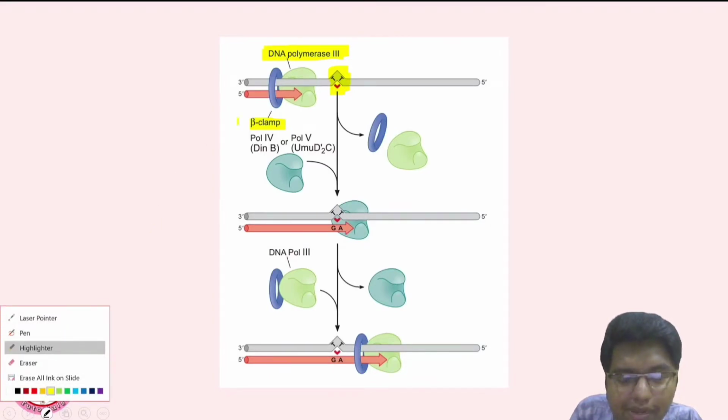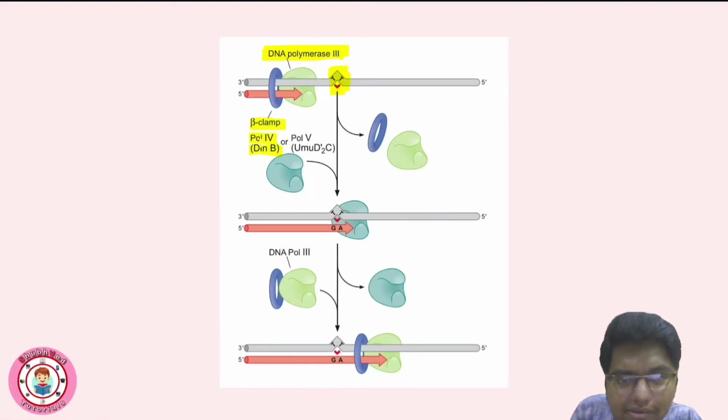DNA polymerase cannot move forward because of this damage, so the main polymerase is removed. And the polymerase for translesion synthesis comes: polymerase IV, that is DinB, or polymerase V. Just now we saw UmuD2'C. These are for translesion synthesis.